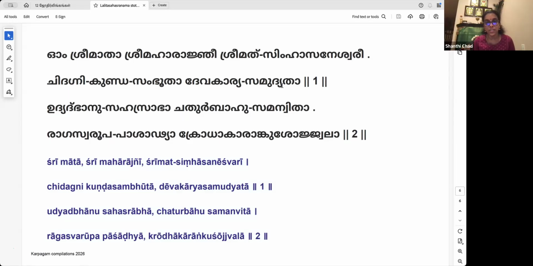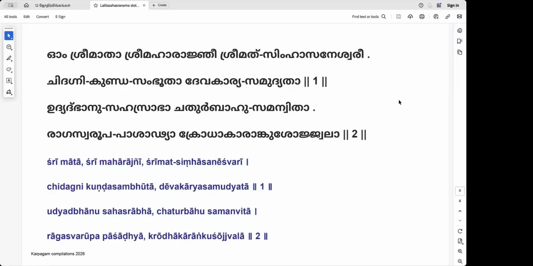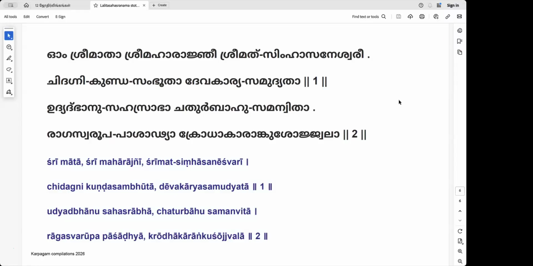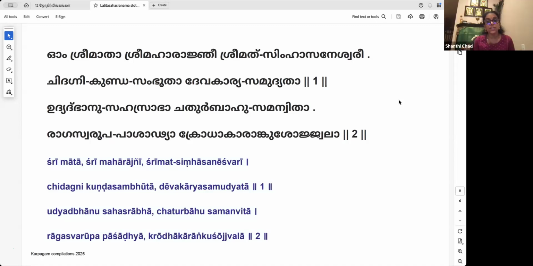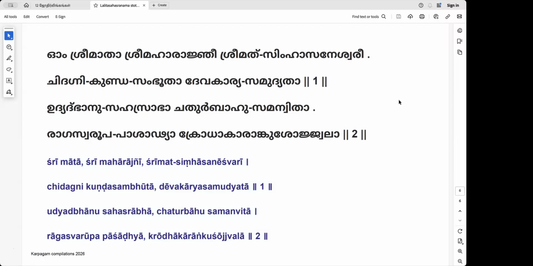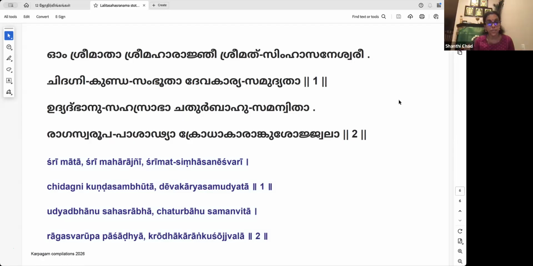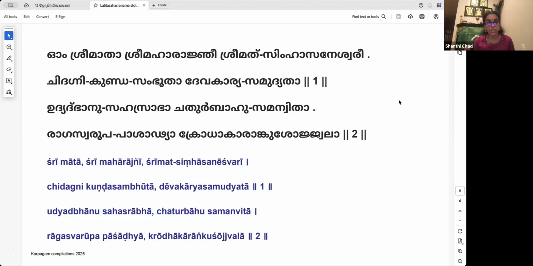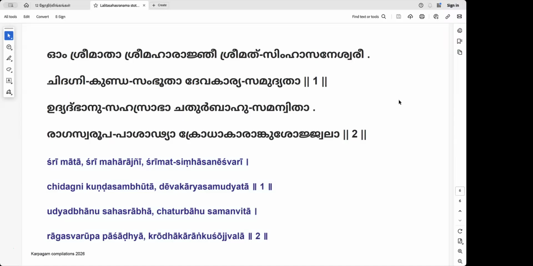Okay, any other volunteers for the second shloka? I can do it. Nisha, okay. Udyadbhanu Sahasrabha Chaturbahu Samanvita.